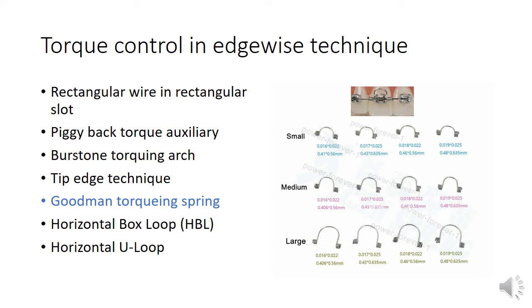For example, these are Goodman springs which fit 16 by 22, 17 by 25, 18 by 22, and 19 by 25. And each of these springs have three different sizes: small, medium, and large.